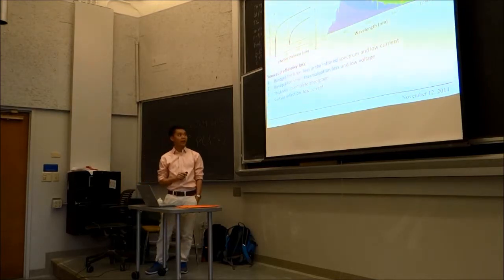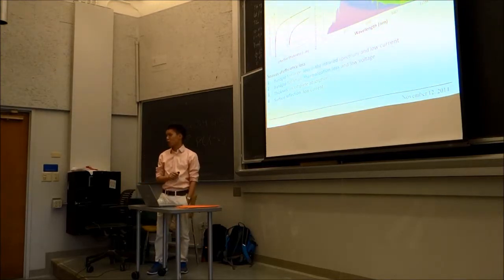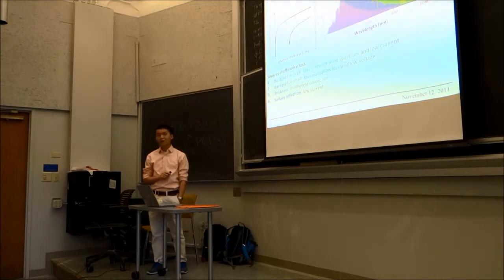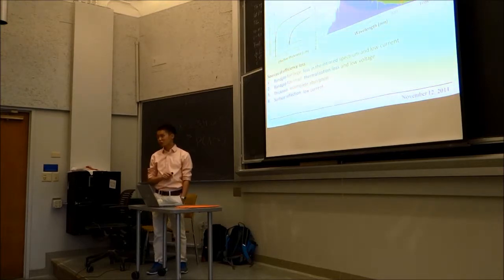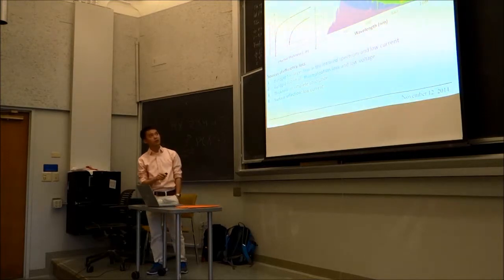Besides the band gap, the thickness of the material also matters, because if you do not have a thick enough material, it does not have complete absorption, such as here. What I show you here is, for different thicknesses of silicon, how well it absorbs this AM1.5 spectrum. The purple one is for 1 micron of thickness.